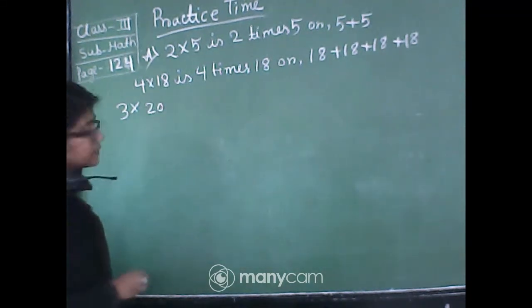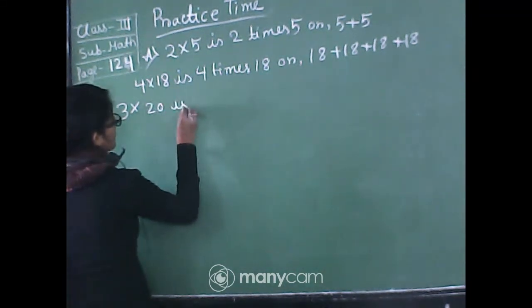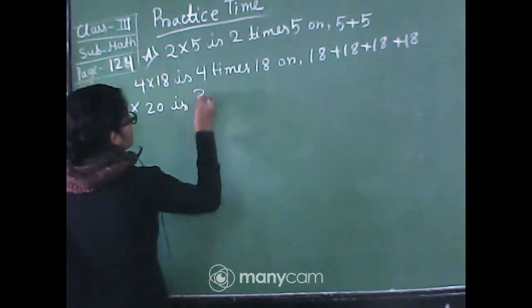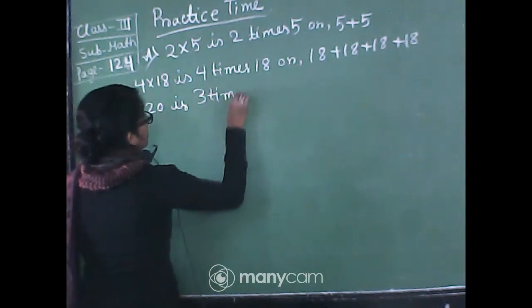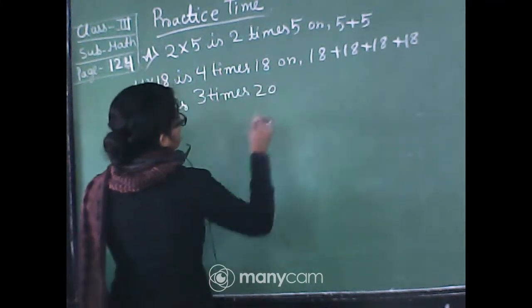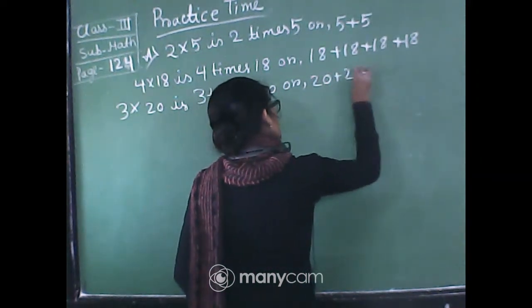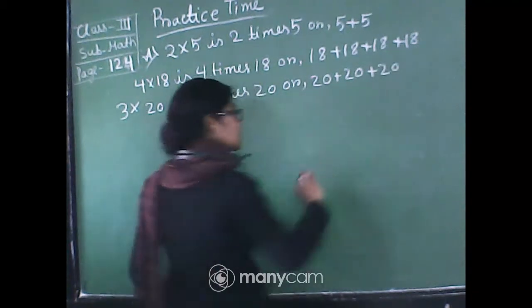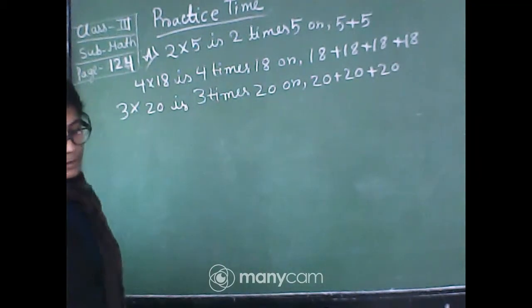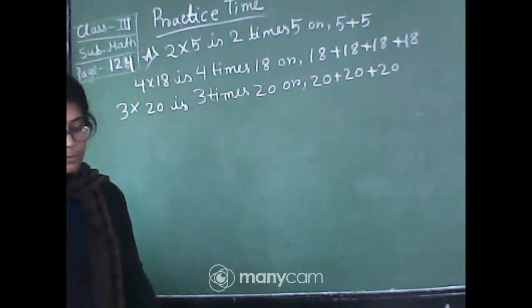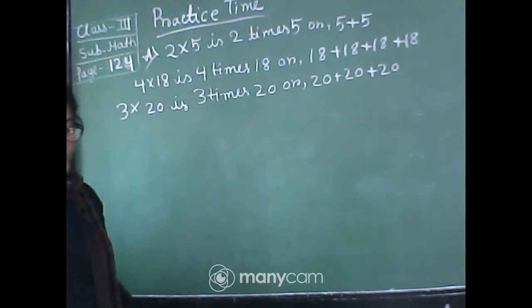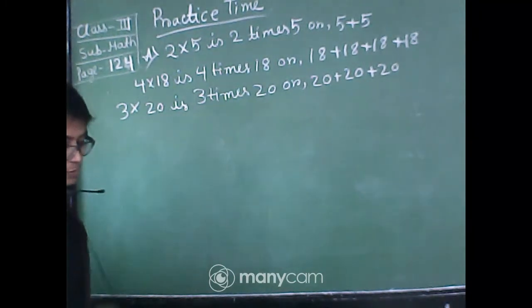How many times? 3 times 20. Or we will write 20 as a repeated addition form. Okay? Now the last one you will do by yourself. Those are very easy. So do it fast.